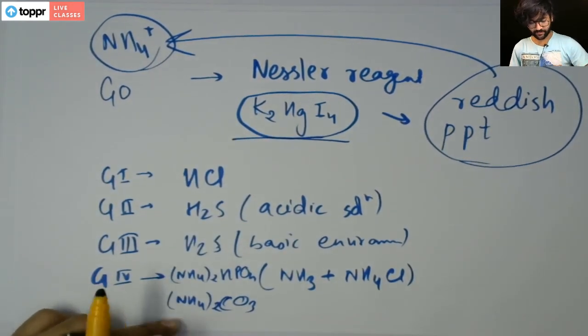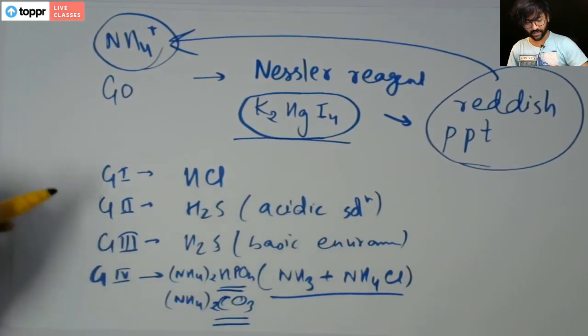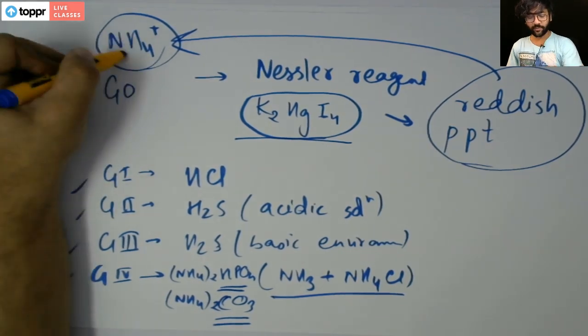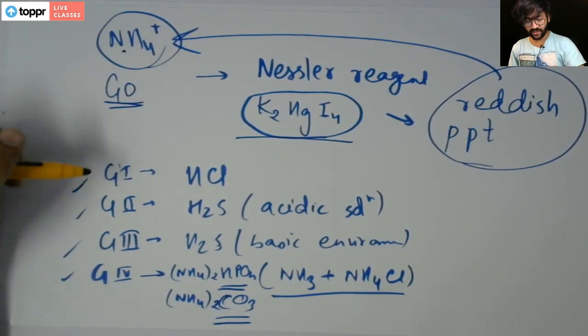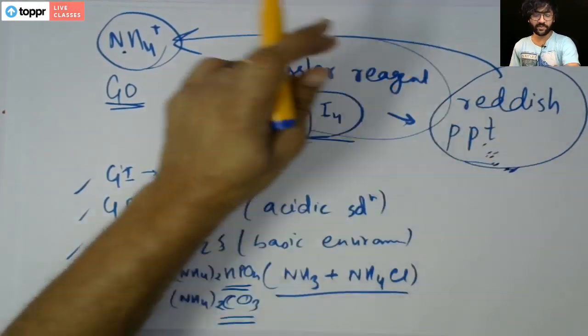So we can put carbonate or we can put this in a buffer solution. This will give us a test for all the four. For ammonium, the group 0 we have just studied, it is Nessler reagent, which will give a reddish PPT for ammonium. So this was all about the cations.